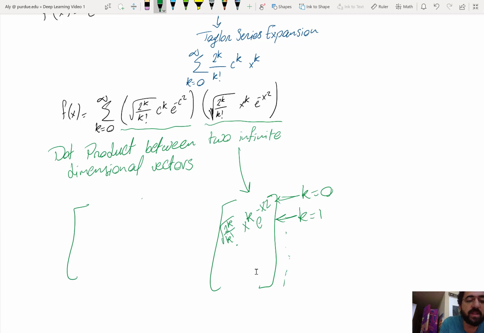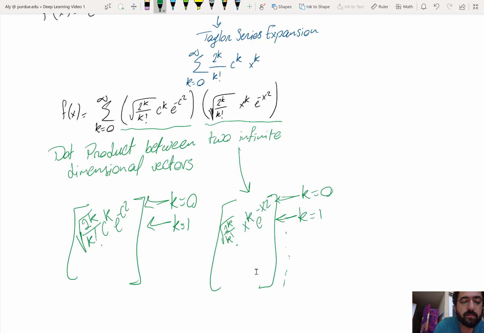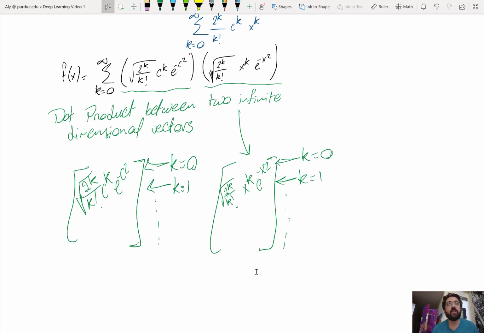And using the same basis but different coefficients, I have another vector in the infinite dimensional space, c to the k e to the minus c squared, and the same, k equals 0, k equals 1, and so on.